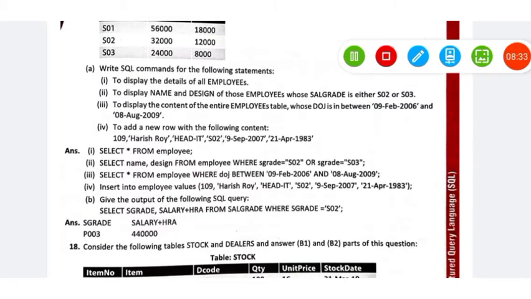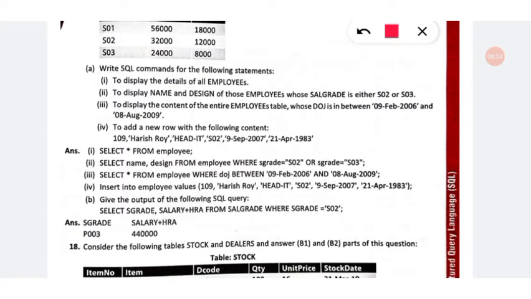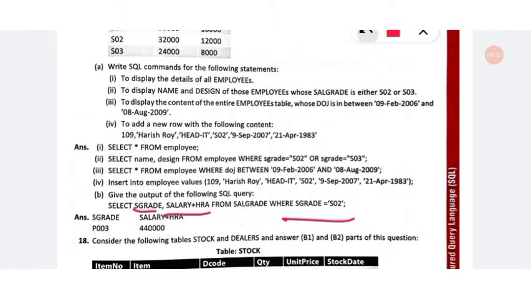In the select statement, two columns are there: S grade, and another column which is a combination of two columns, that is, an arithmetic operation performed on two columns. And there is a condition that S grade is S02. So S grade is S02 means this row.